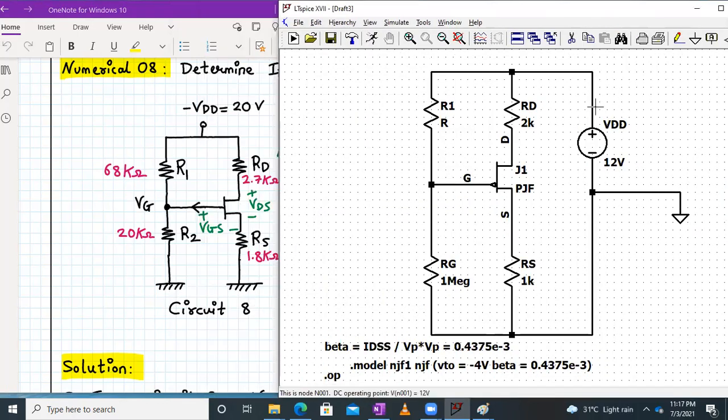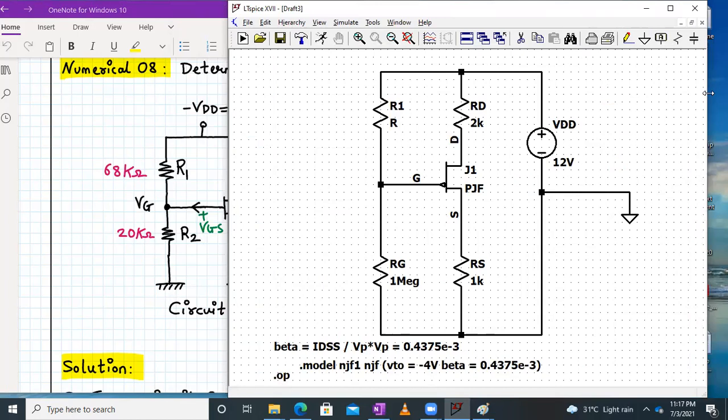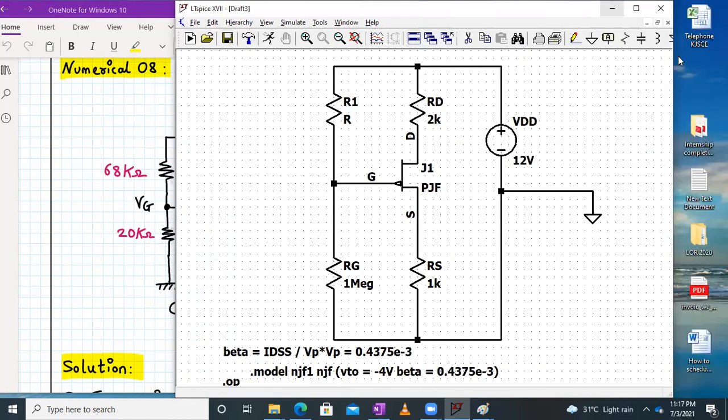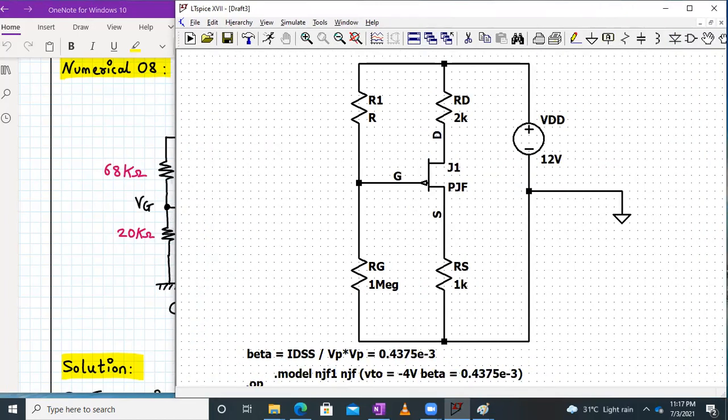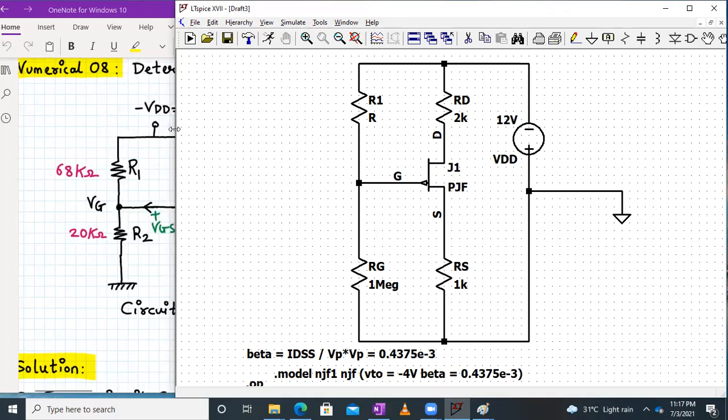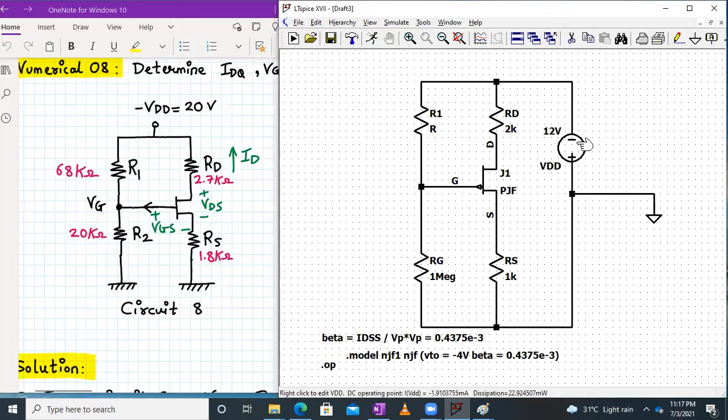So here the supply voltage is reversed. Let me reverse the supply, and I'll hold it like this and reverse it. Okay, so this becomes minus 12. And now to enter the remaining values, we have to give it as 20.